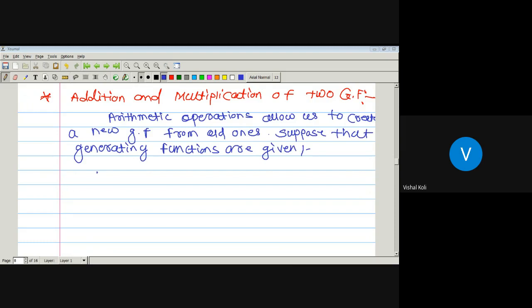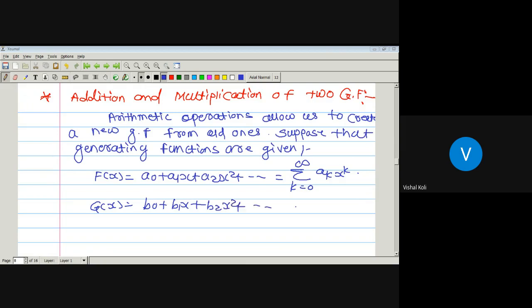That is f of x and g of x are two generating functions. Then f of x is nothing but a naught plus a1 x plus a2 x square and so on. In power series form it is summation k running from 0 to infinity a_k x raised to k, and g of x will be another generating function which is b naught plus b1 into x plus b2 into x square and so on, which is summation k running from 0 to infinity b_k x raised to k.